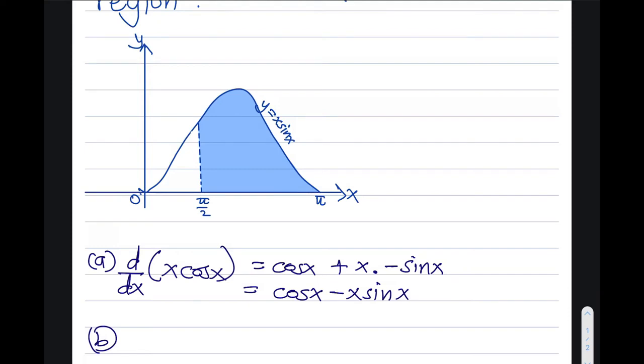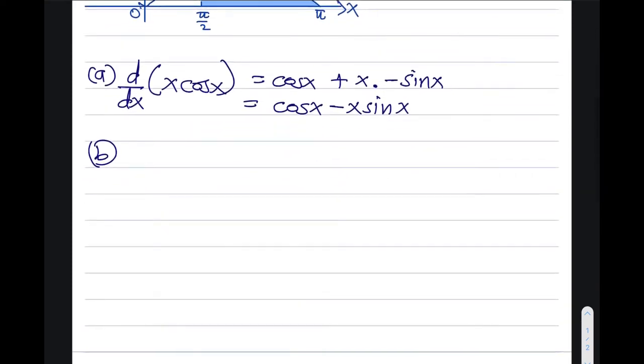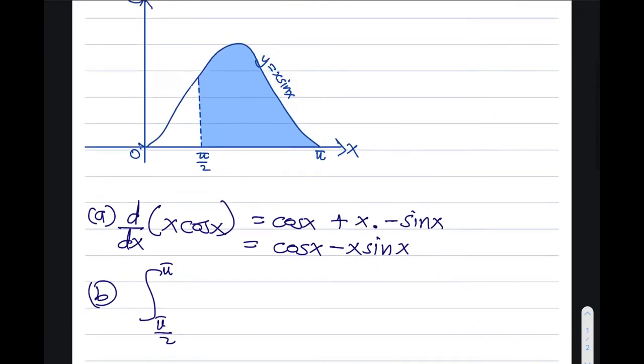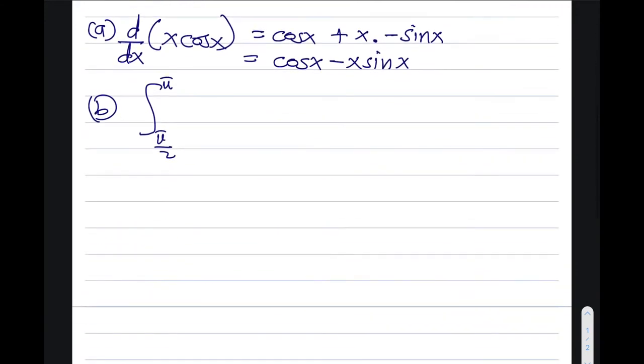So ideally we can easily say that, well, let's integrate from pi on 2 to pi, and then the function we are dealing with is x sine x. So that would be x sine x dx. Right.